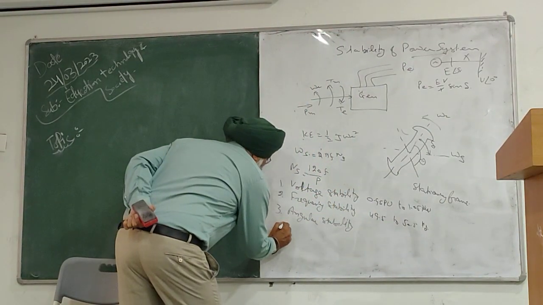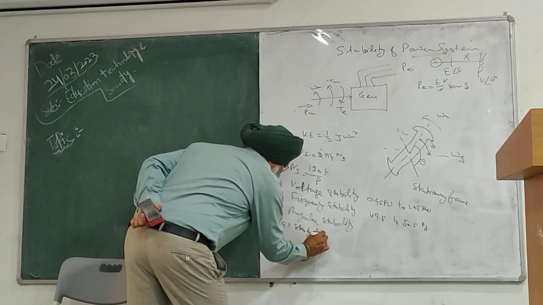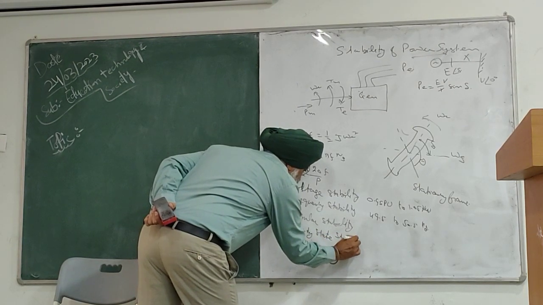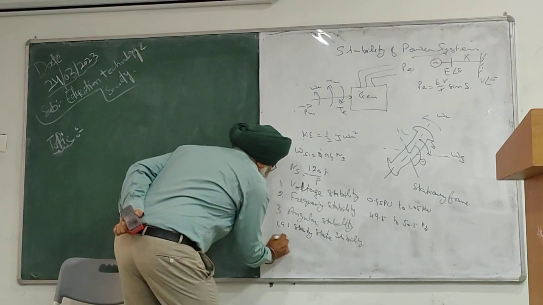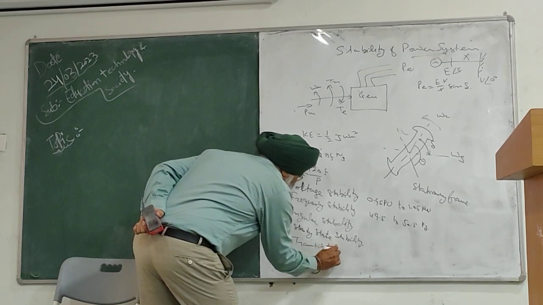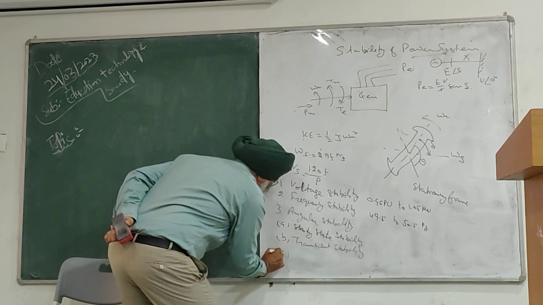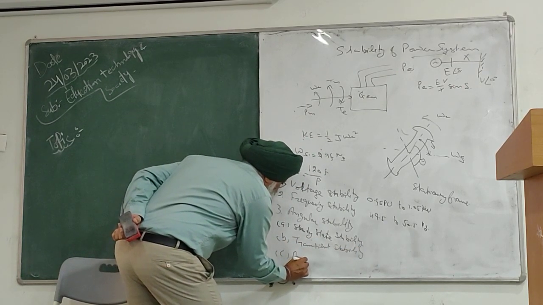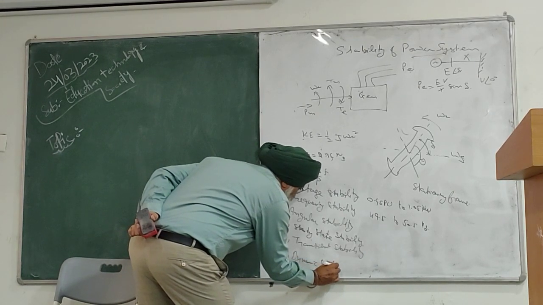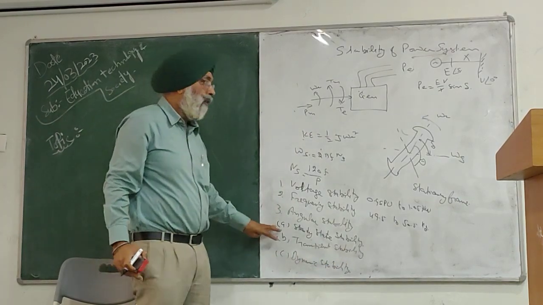In this we have the steady state stability, transient stability, and dynamic stability. So we have the three types of stability.